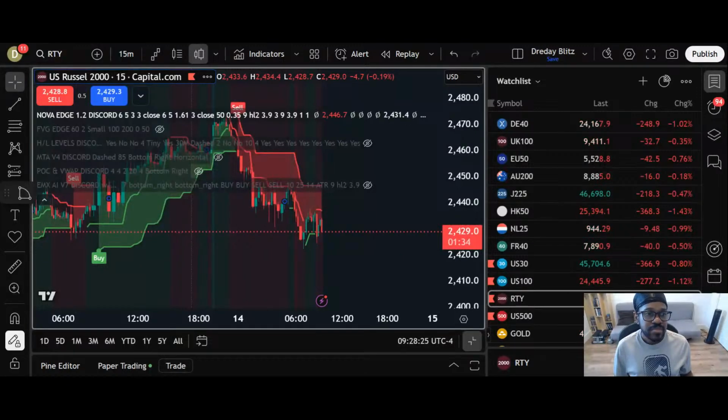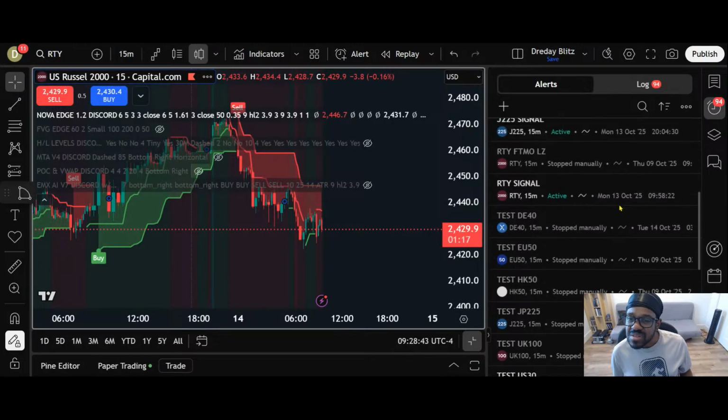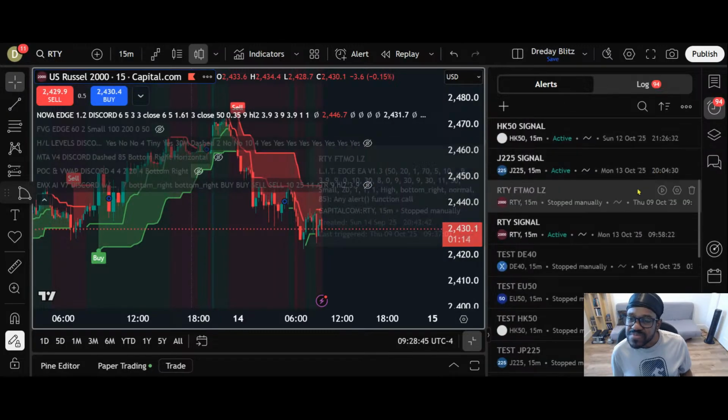You could fill it up and see exactly if we're able to work together in regards to your trading. That's pretty much the gist of it. So we're going to wait for the market to open.